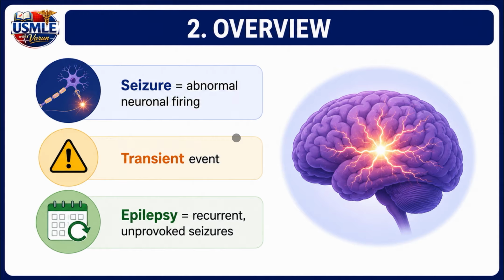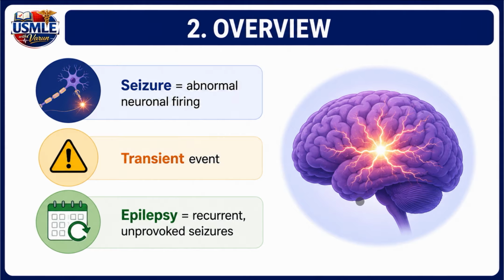A seizure is a sudden transient episode caused by abnormal, excessive, synchronized electrical activity of neurons within the brain. So a seizure is an abnormal neuronal firing. The symptoms depend on which area of the brain is involved.